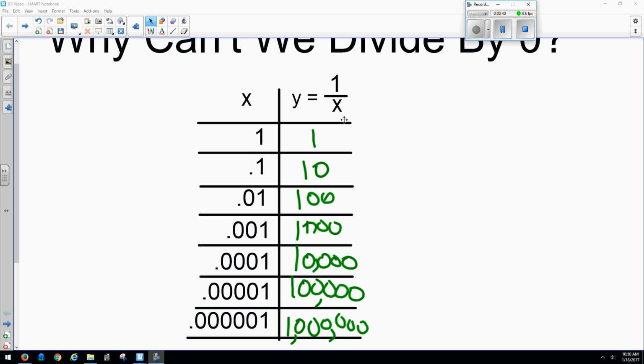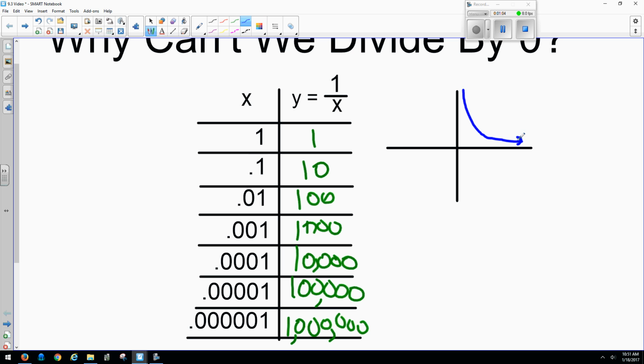And so let me just show you real quick what the graph of this particular function looks like. So when we have y over x, and this is just a really quick sketch of this, we get a graph that looks like this, which is referred to as a hyperbola.